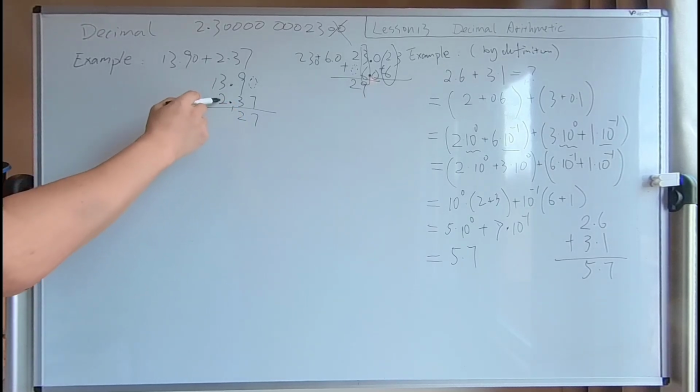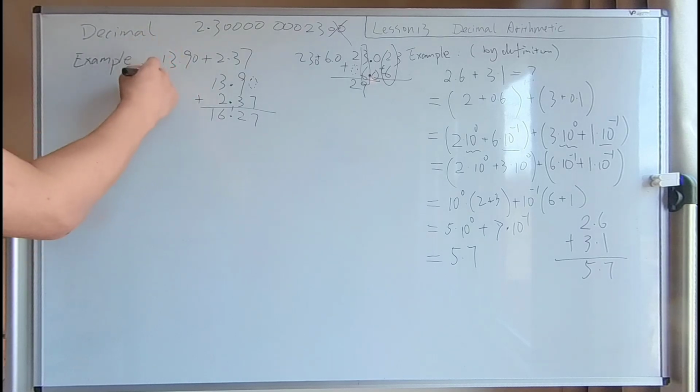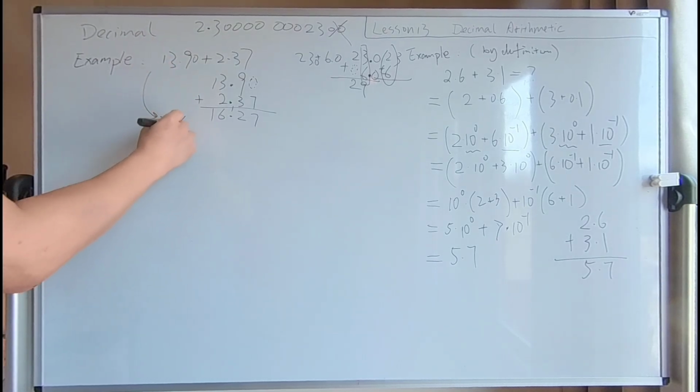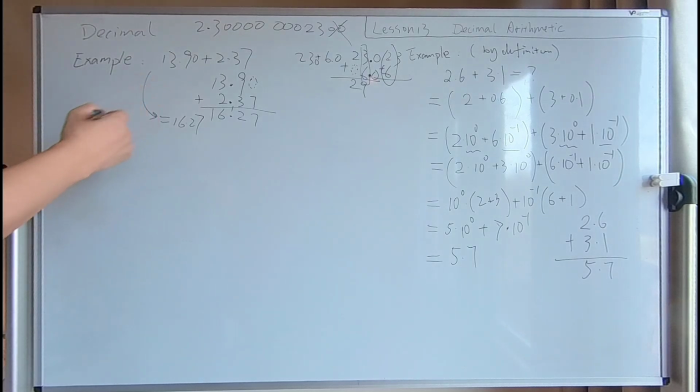Then 1 plus 1 is 2, wait, 5 becomes 6, 1 plus 0 is 1, and don't forget the decimal point. So this really equals 16.27. And that's how you solve decimal addition for a relatively complicated case.